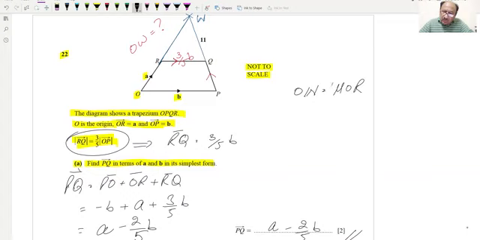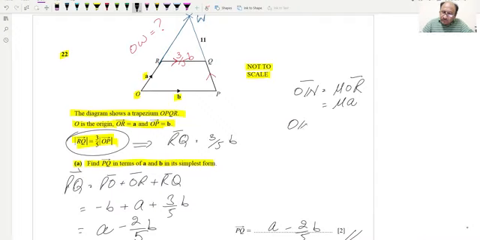This is basically a value, like it can be a constant like 5, 6, 7, whatever, and mu OR. So OR vector is what? OR is A, so we can write this as mu A. So this is our one equation which we got.